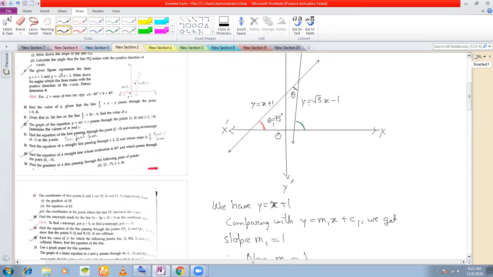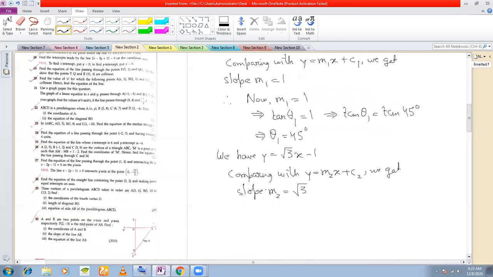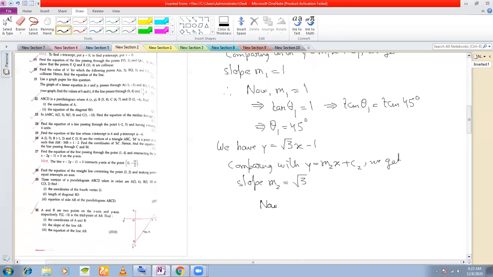Now if I call this angle theta 2, okay, then what happens? m2 is equal to root 3. That means tan theta 2 must be equal to root 3. And tan of what angle is root 3?